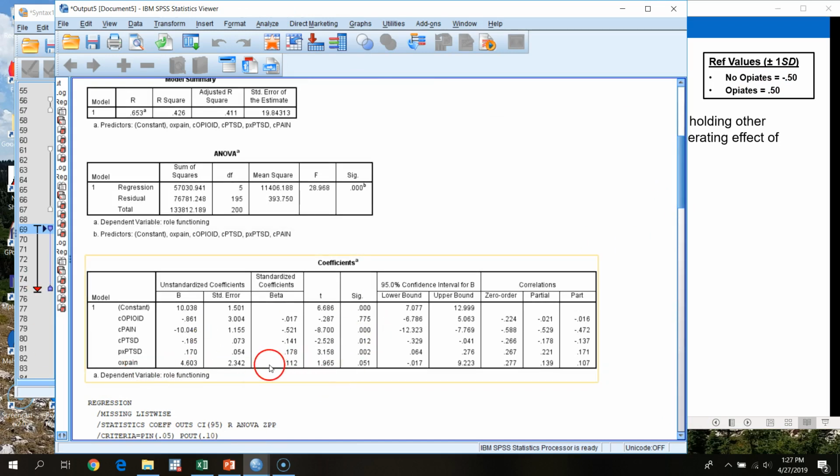We found that our interaction of opiate use and pain also met criteria for further exploration. Okay, and my interaction here is a little bit different because I've got a dichotomous variable, but basically what this is saying is that the relation of physical pain and role functioning is dependent on whether or not people are using opiates or not.